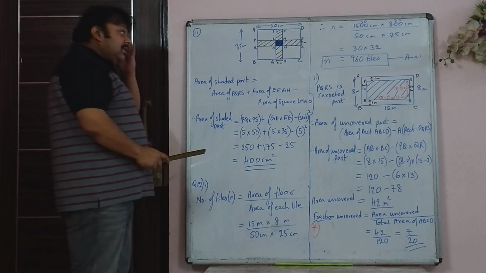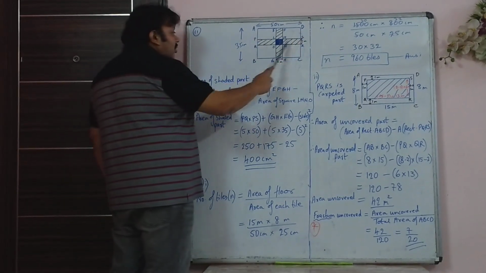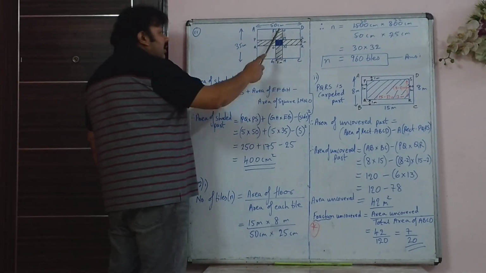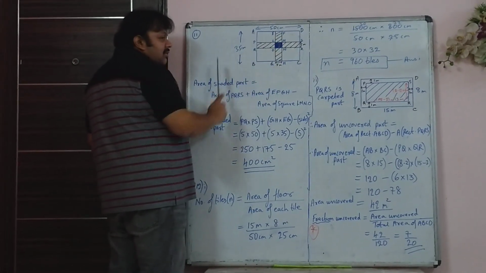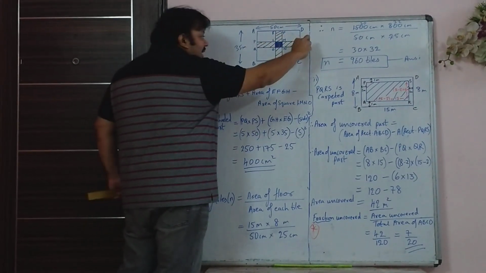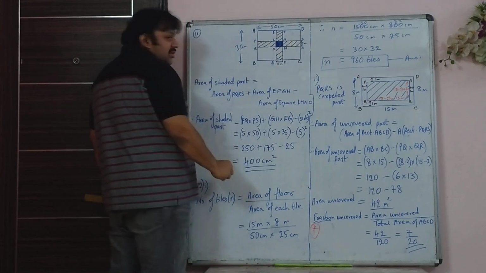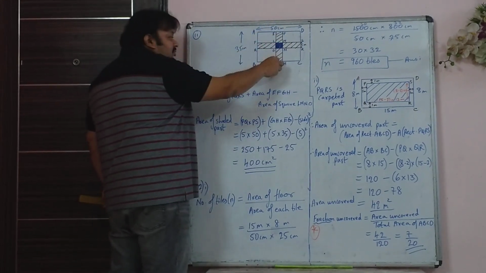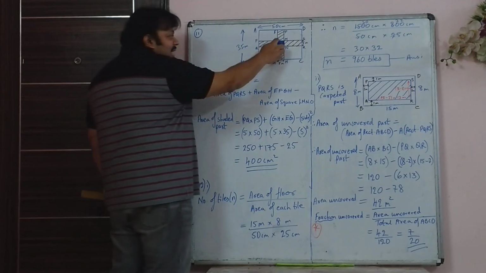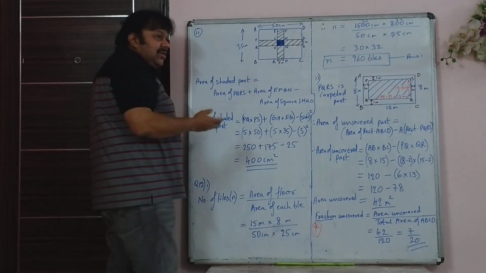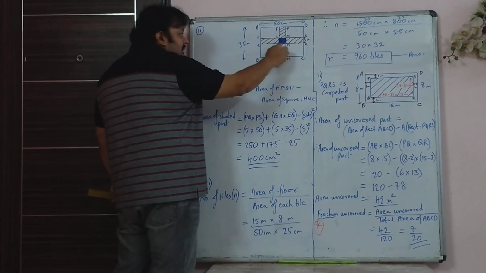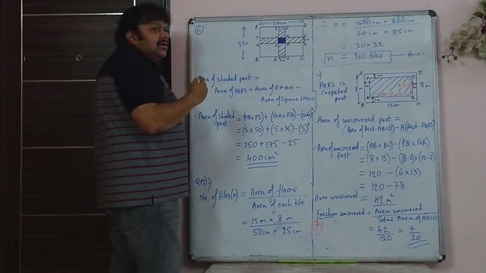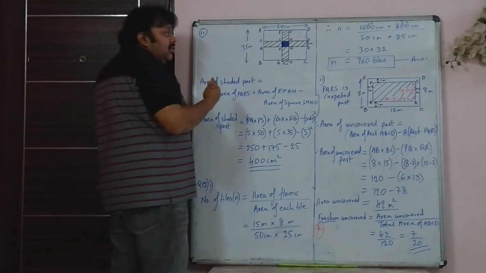Now please look at this. When you find PQRS, this part, and if you add this part, then this middle part is coming twice. It is coming in PQRS and it is also coming in EFGH. So that area, because it is coming twice, this part LMNO, that part once it has to be removed.